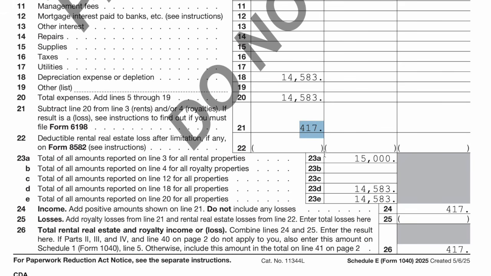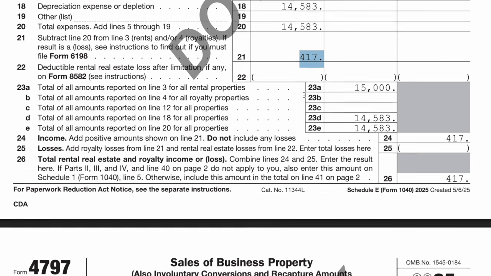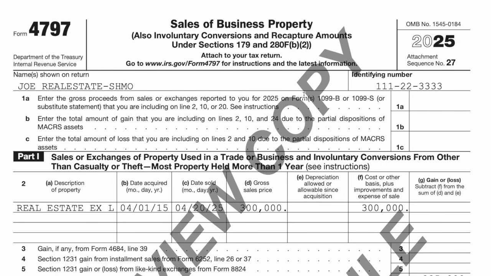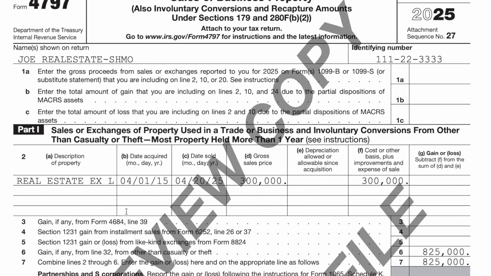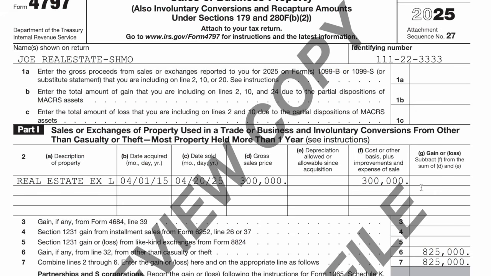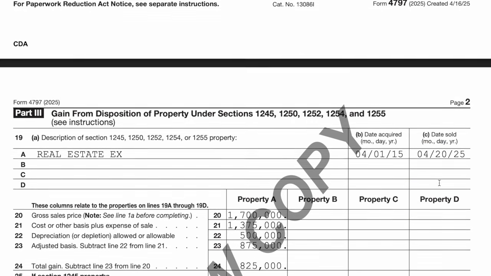So next, let's scroll down to Form 4797, Sale of Business Property, to see the sale of the rental property numbers. Okay, so in Part 1, we have property held for more than a year, and this is where the land portion is reported. We had $300,000 gross sales price minus a $300,000 cost basis equals 0 gain or loss.